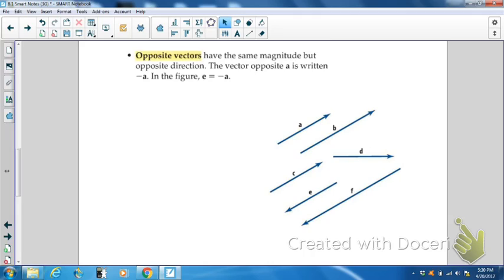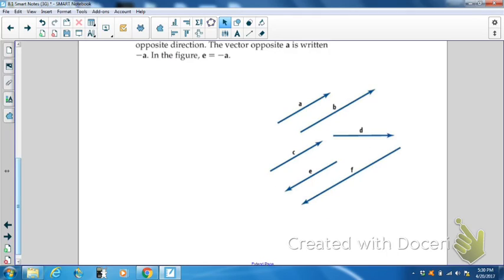So I'm going to scroll down here a little bit, and we'll look and see what some of our parallel vectors would be. So again, they can be going in the same direction or opposite direction, but not necessarily the same size.